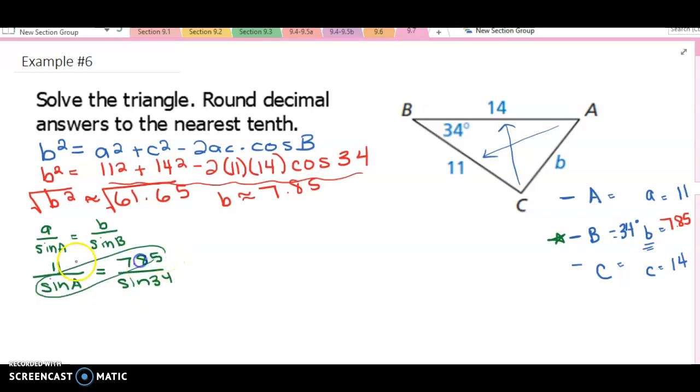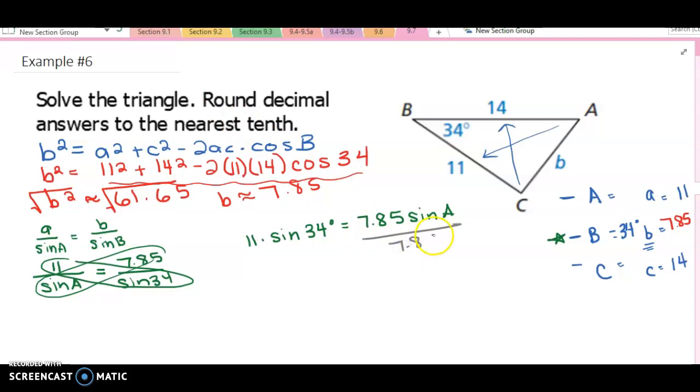Okay, and if I cross multiply, I get 11 times sine of 34 equals 7.85 sine of A. Okay, then I want to divide both sides by 7.85, to get sine of A by itself.